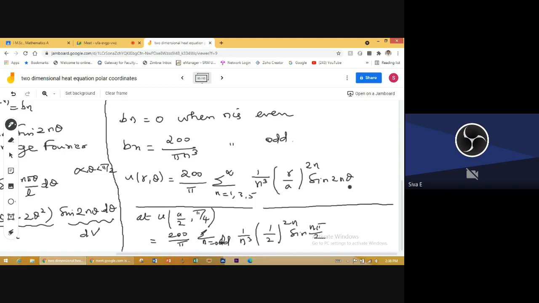If you substitute pi by 4 here, the 2 cancels, so n pi by 2. Sin n pi by 2 is the solution at the point a by 2 comma pi by 4.